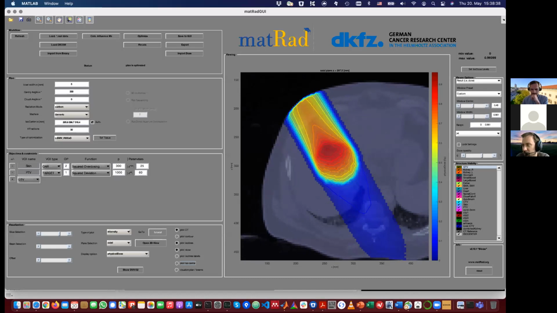So doing 3 millimeters can be demanding, because the number of beamlets is inversely quadratically proportional to the grid spacing. If you reduce it, your spot grid gets denser in both dimensions, and so your number of beamlets explodes.